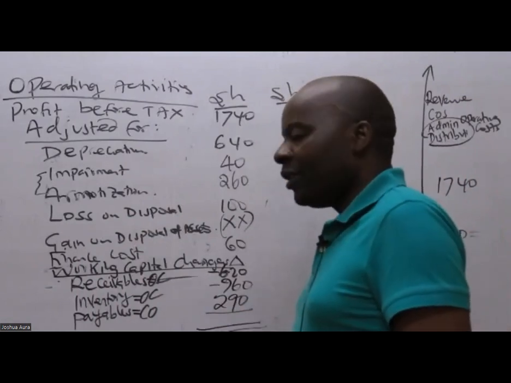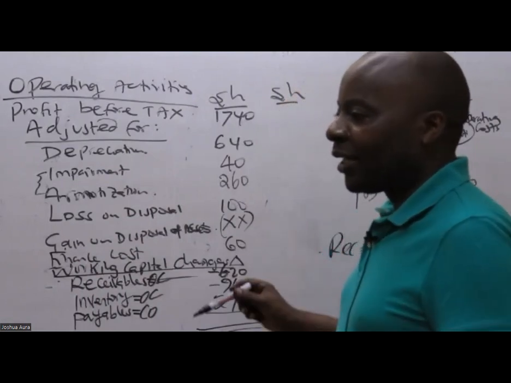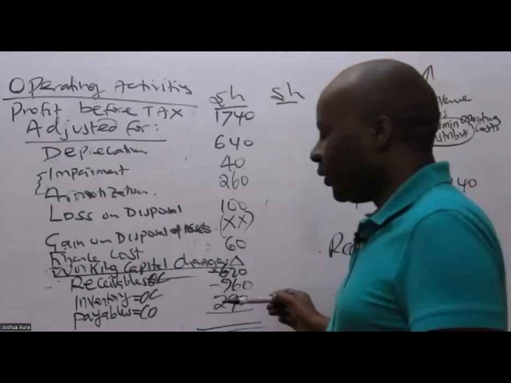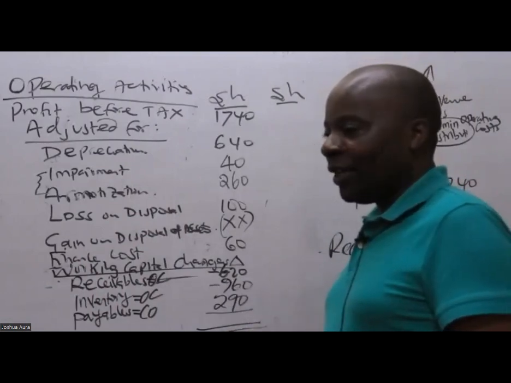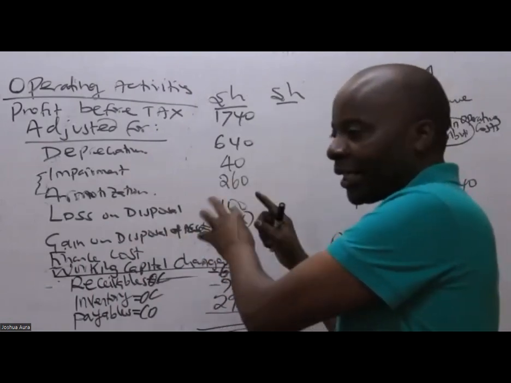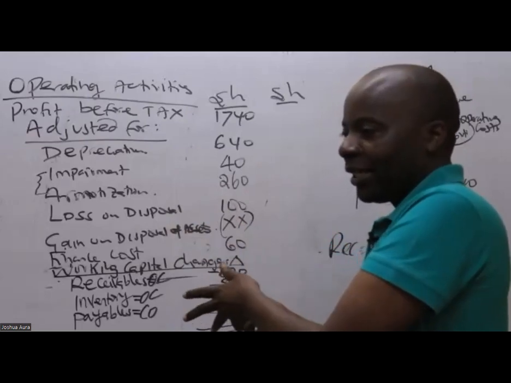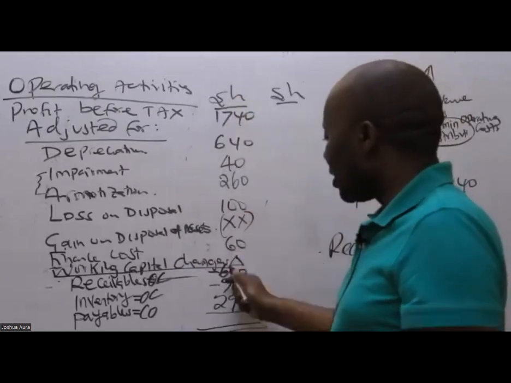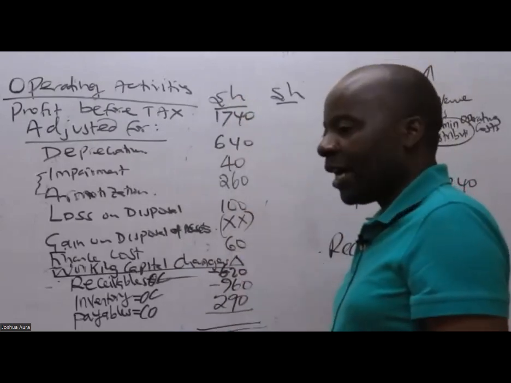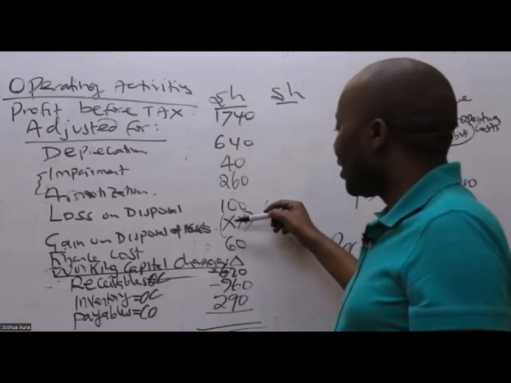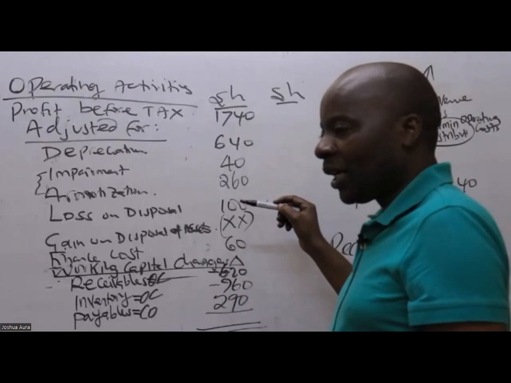So what do we have here? If you look at these, add all of them and give us a figure. Of course, I put this gain there just for you to know that gains are always subtracted. Could you kindly take all this and give me the total figure here? 1740, you're adding this; if there was anything there, you subtract.